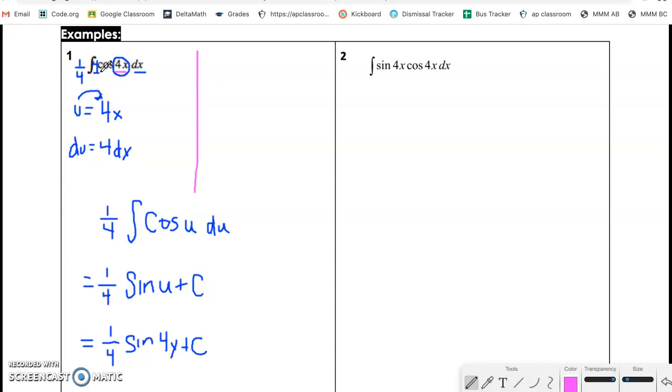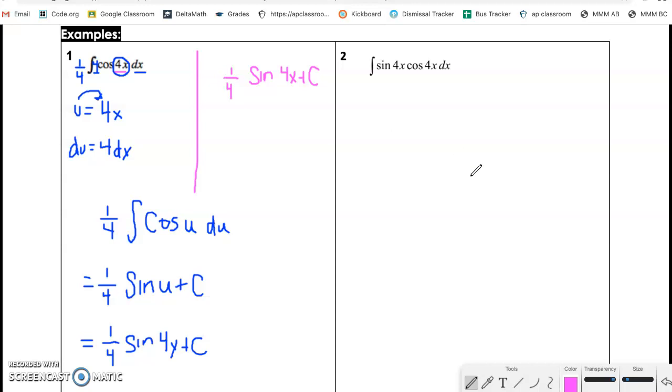The pattern is we take the antiderivative of the original function, which is sine, keep the inside function 4x the same, multiply on the outside by 1 over the constant, the reciprocal of the constant, and then add c on the end. So there is a shortcut. You don't need to do u substitution at all.